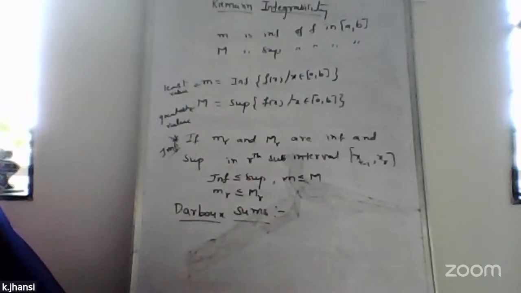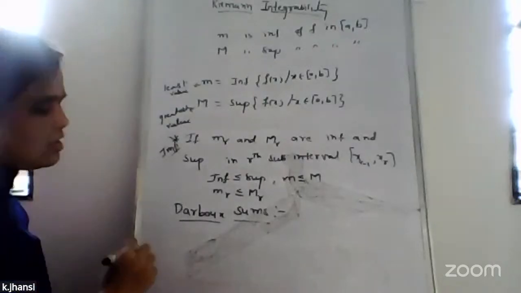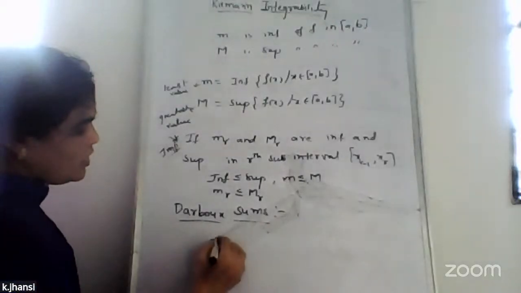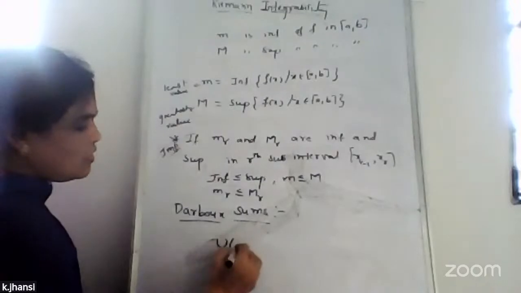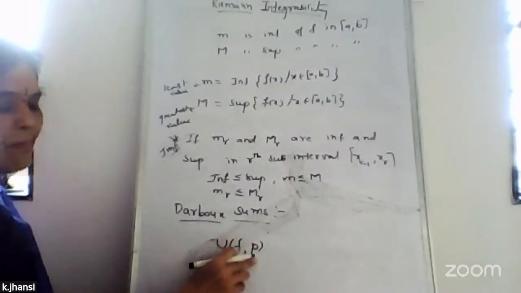If a function f is defined and bounded in the closed interval [a, b], and P = {a = x_0, x_1, ..., x_n = b} is any partition of this interval, then the sum is written as U(f, P). Here f is the function and P is the partition.